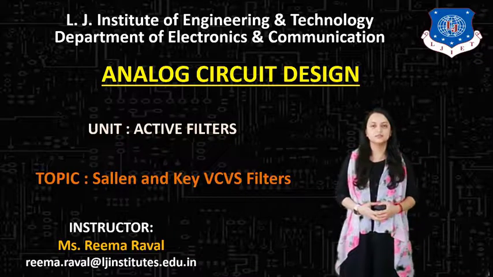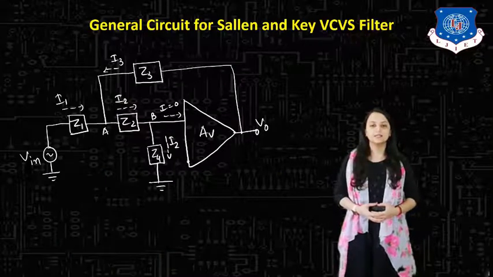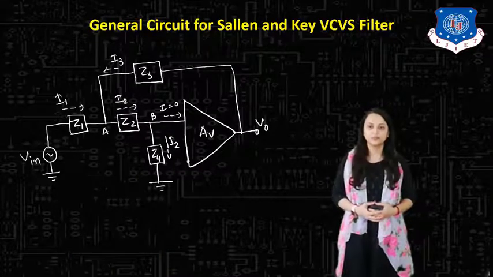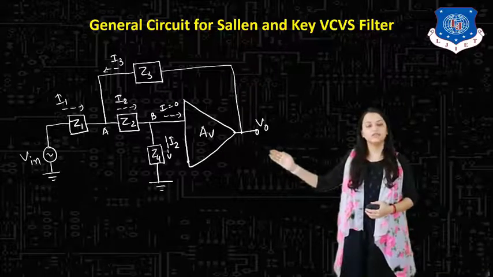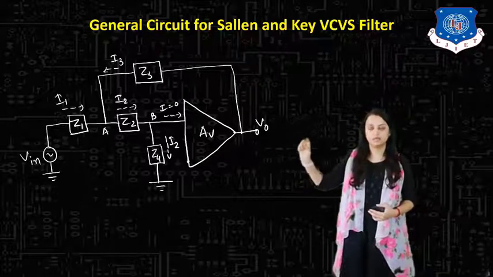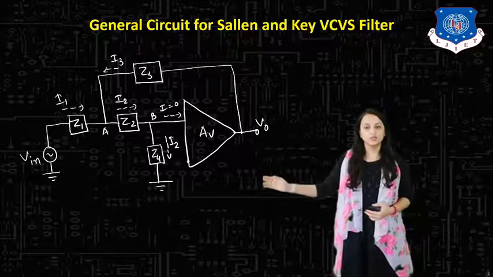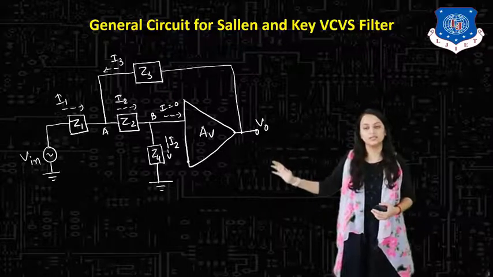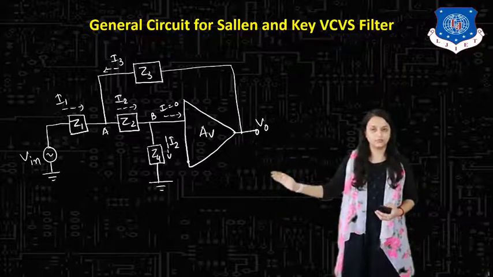So, let's start this. First of all, let us see the general circuit for Sallen-Key VCVS filter. This is the general circuit for designing any VCVS filter for Sallen-Key. Here, as you can see, there are four components: Z1, Z2, Z3 and Z4.